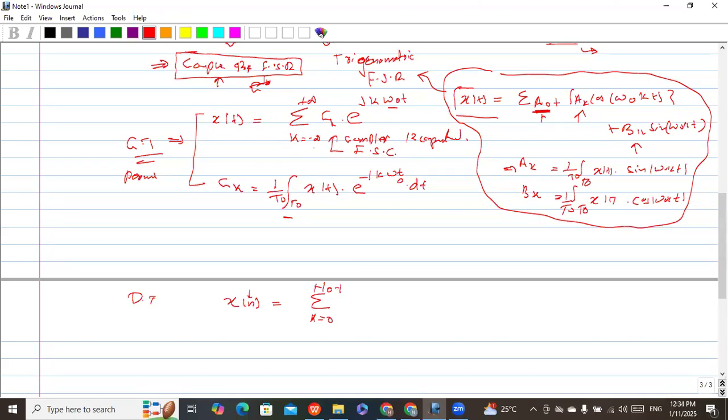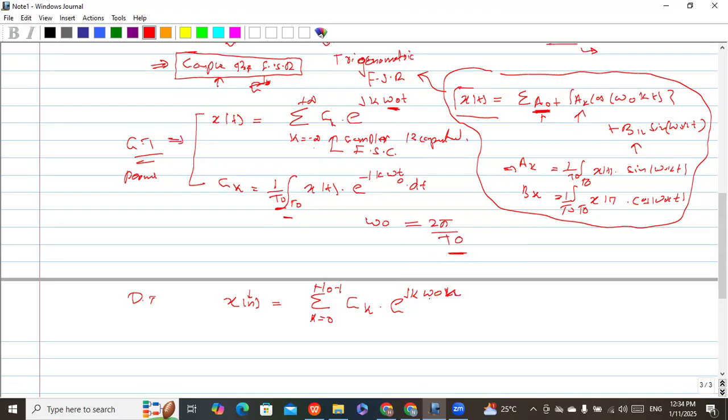This omega naught is referred to as the fundamental frequency, which is 2 pi by T naught, where T naught is the period. Here N naught is the period of the discrete time signal. In the same manner you can write this as ck e to the power jk omega naught n.